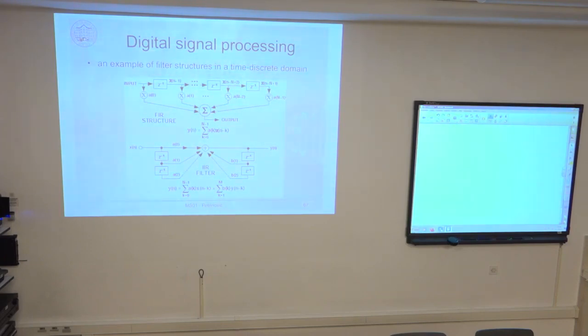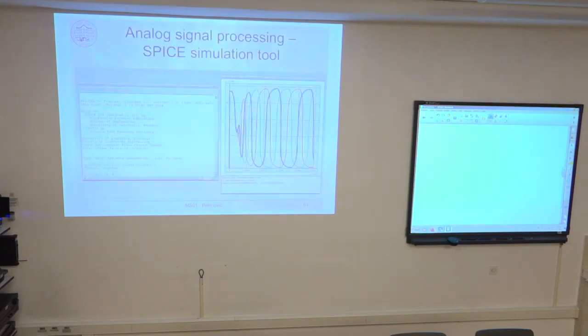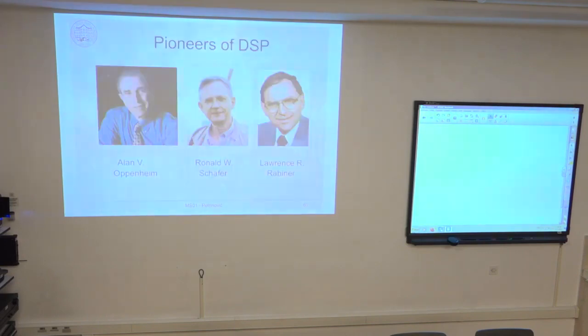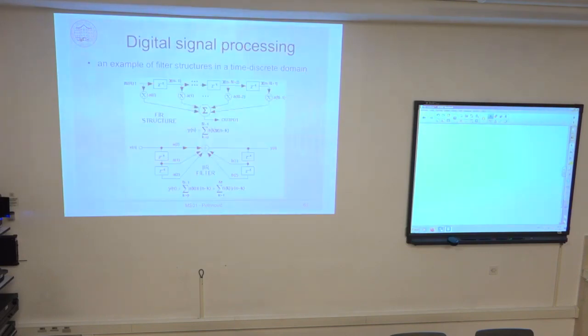So it is a rather simple structure, and this structure here is sufficient to implement one cascade of this filter implementation, a second order system. A second order time discrete system that mimics this analog circuitry with one operational amplifier can be implemented as an infinite impulse response filter with this structure.